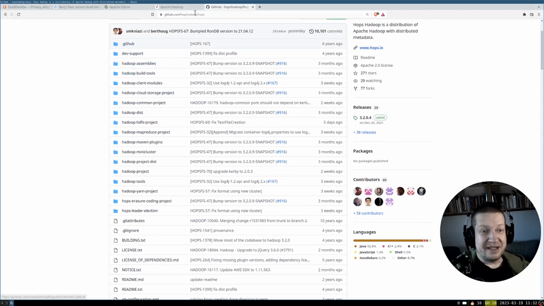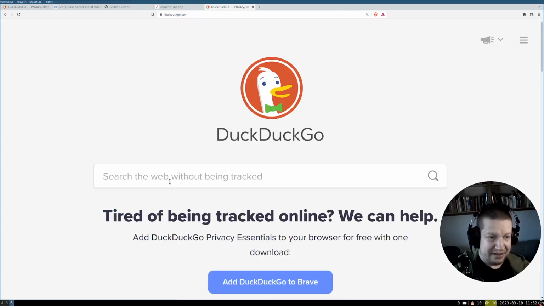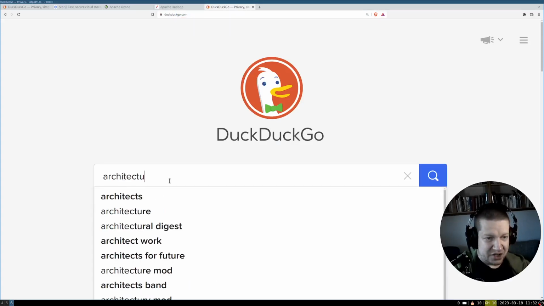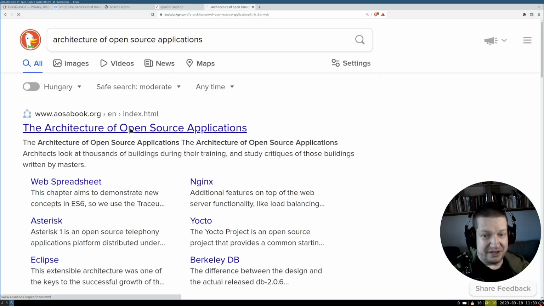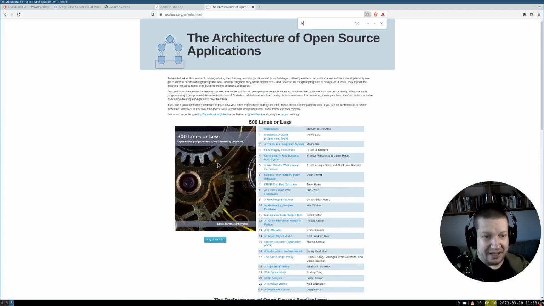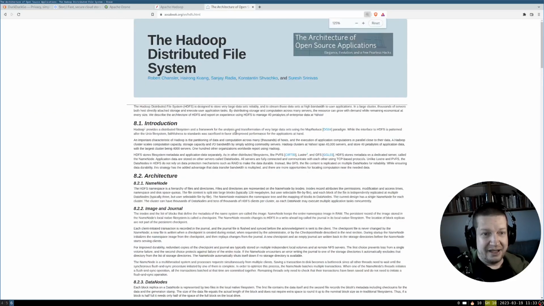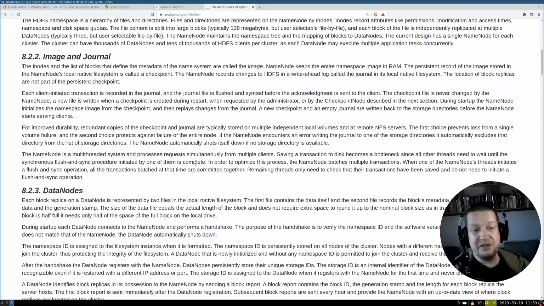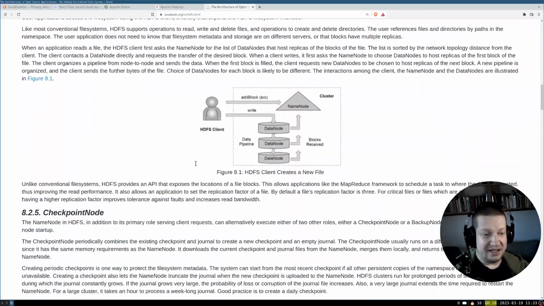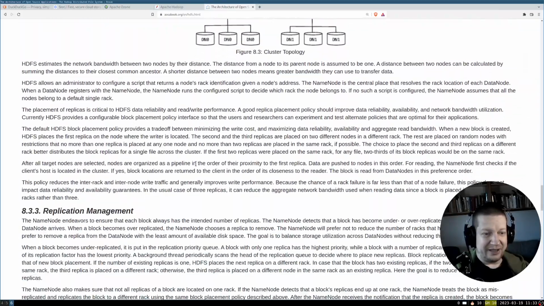If you are interested in the original motivation, you can check the Architecture of Open Source Applications, which is a free book. I think there are 2 volumes, and in the first volume there is this explanation about the motivation and the architecture. Why is it designed in this way?